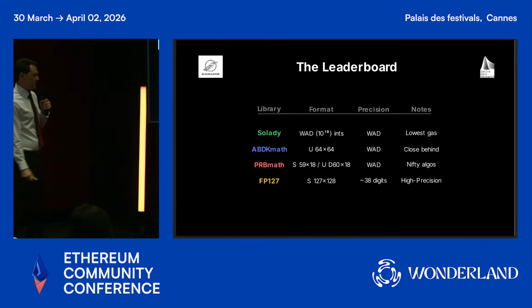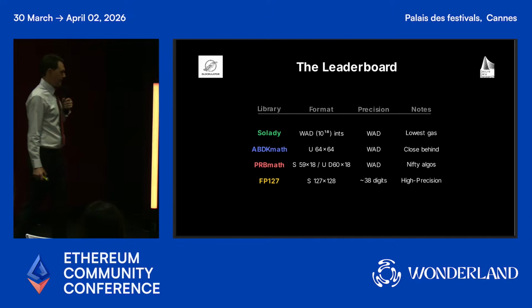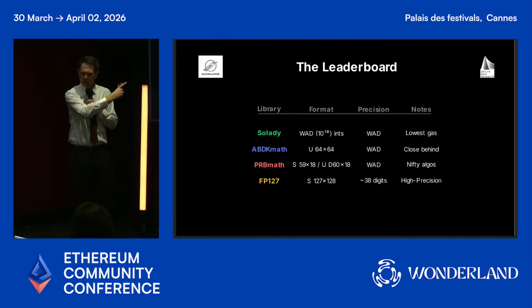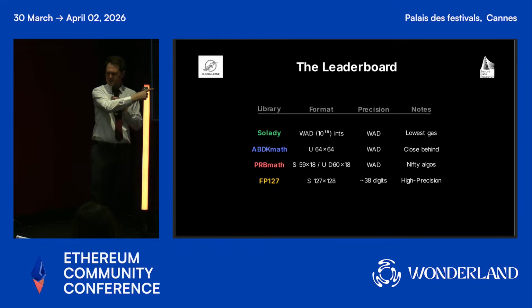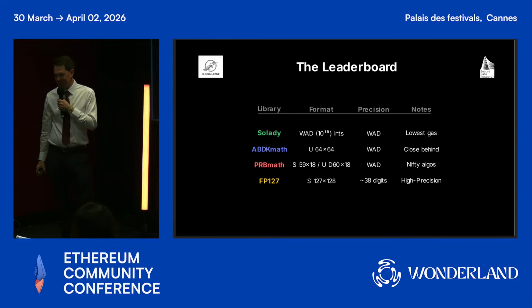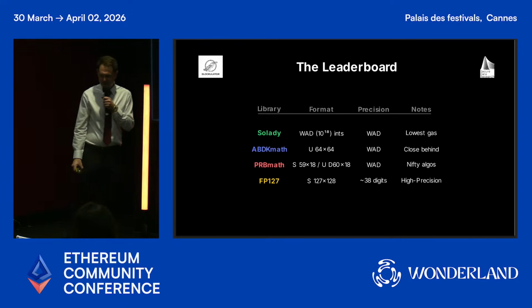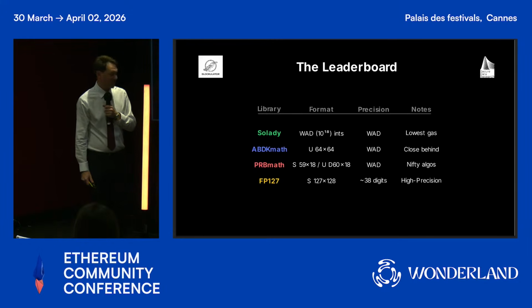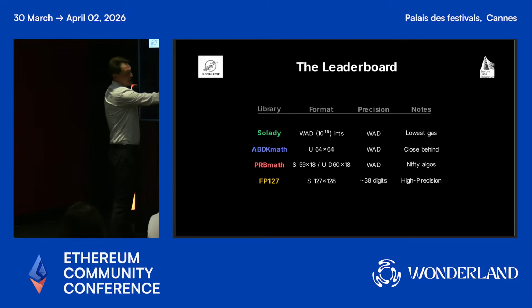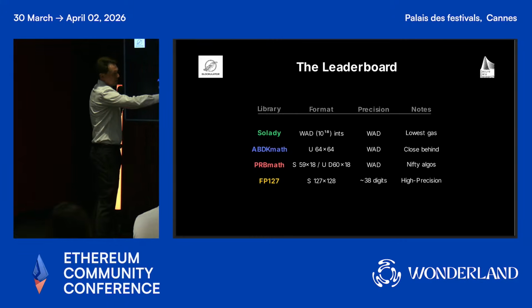So, okay, what's the leaderboard look like? Solidity is the king right now of math libraries. Have you guys ever heard of any of these? None of this looks familiar? You think king is PRB? Did you make PRB? Okay, I got scared for a moment. Very cool. Well, it's very nice. I'm very happy with this one, especially because the domain is actually so large.